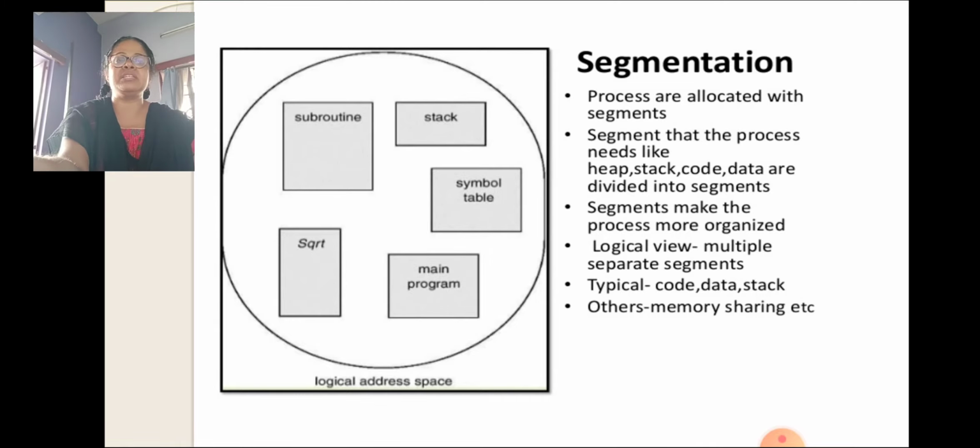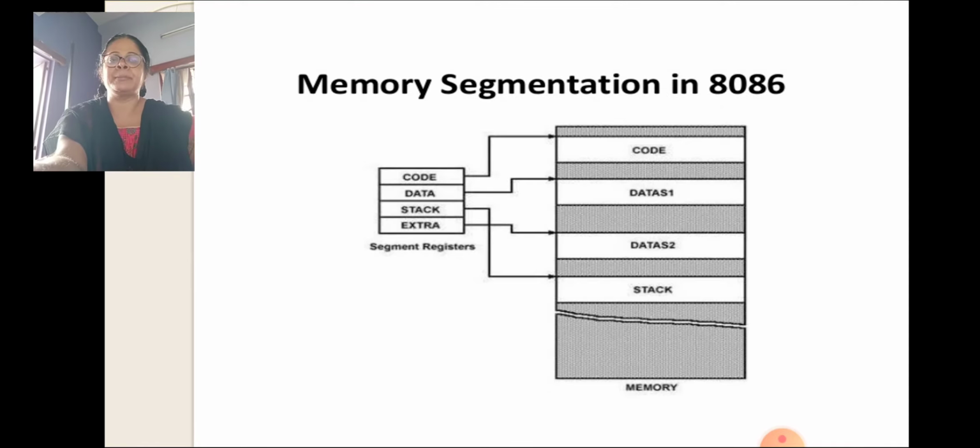For simplicity of implementation, segments are numbered and are referred to by segment number rather than by segment name. Thus, a logical address consists of a two-tuple: segment number and offset.